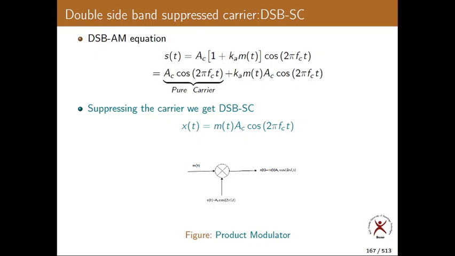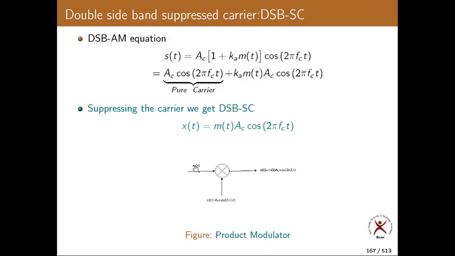I told you already, modulation means multiplying the message signal with the carrier. That is what is happening here. So this is another modulation known as DSB-SC, double sideband suppressed carrier. What is the method of generation? Simple. Multiply two signals. Which two signals? Your message signal and carrier.